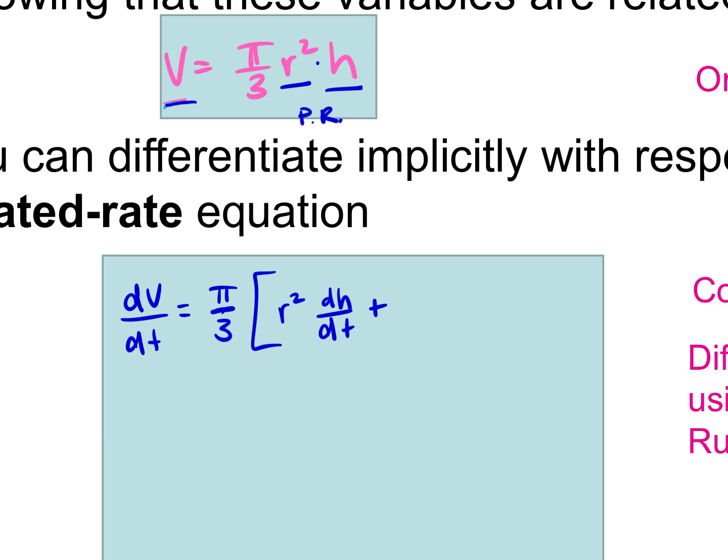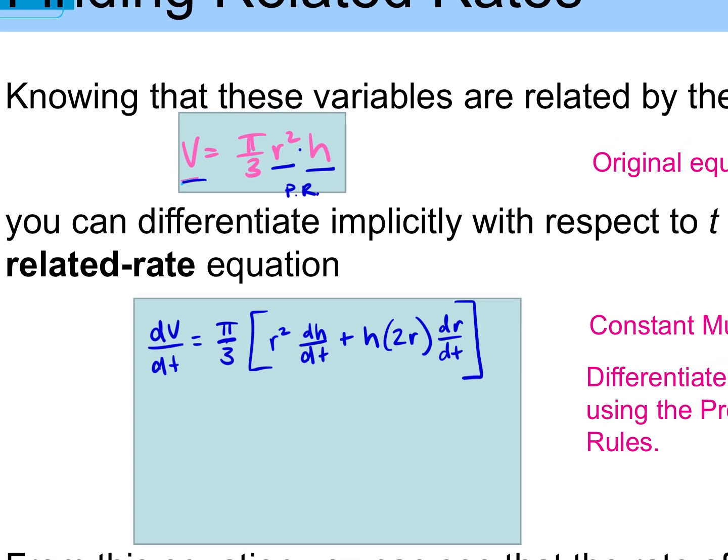Plus the second, which is h, times the derivative of the first. What's the derivative of r squared? 2r, but what do we have to remember to include? dr over dt. Perfect. So any variable that we take the derivative of, you have to make sure you include either dV over dt, dh over dt, or dr over dt. So don't forget that, because that's going to be part of your question.